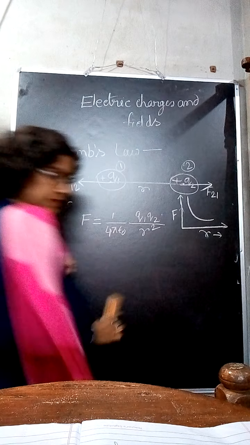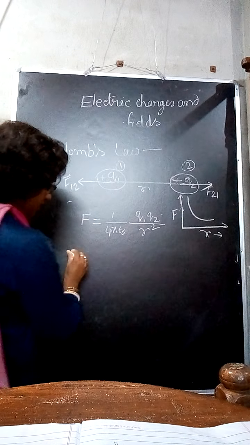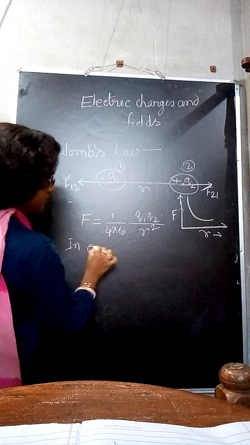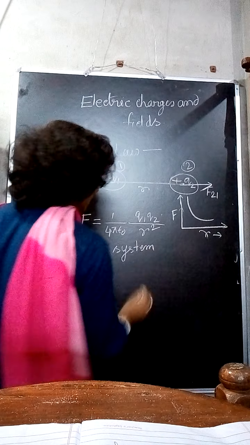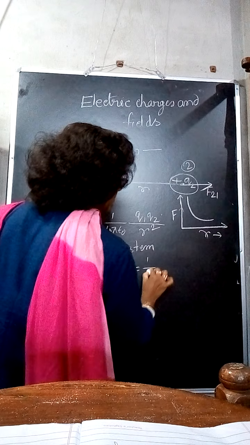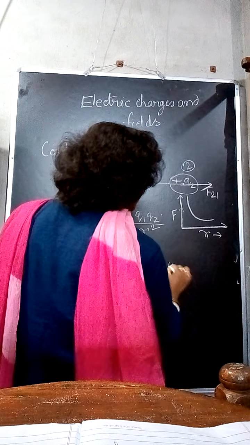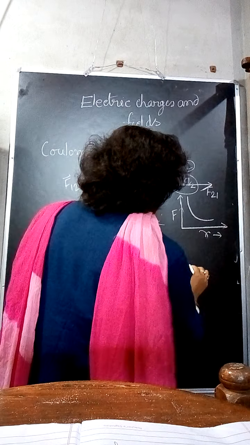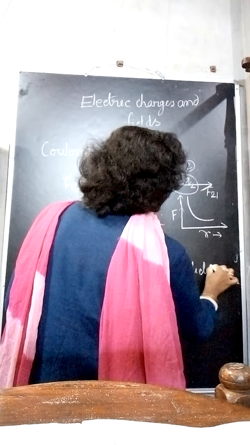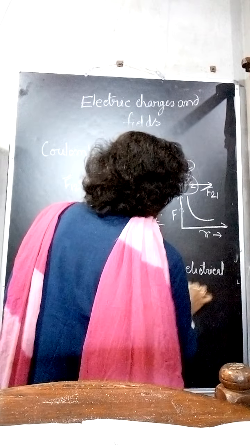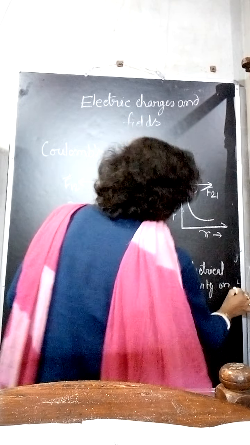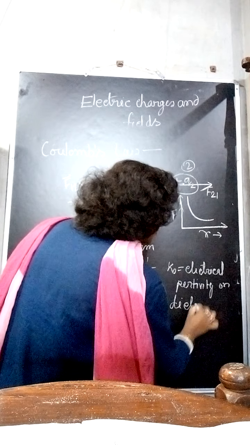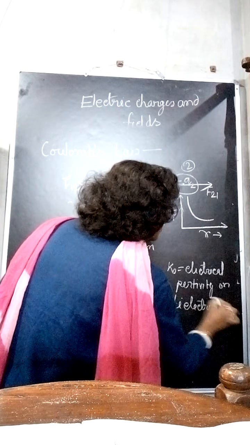Next, in CGS system, K is equal to 1 by K naught, where K naught is the electrical permittivity or dielectric constant.